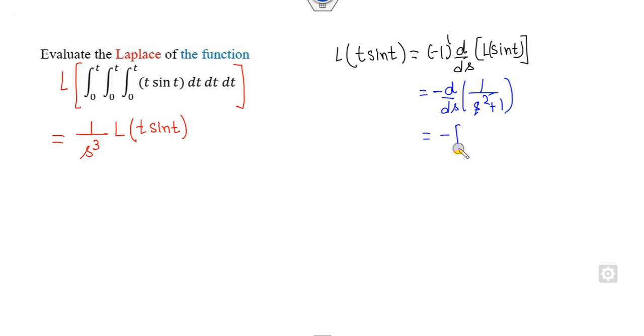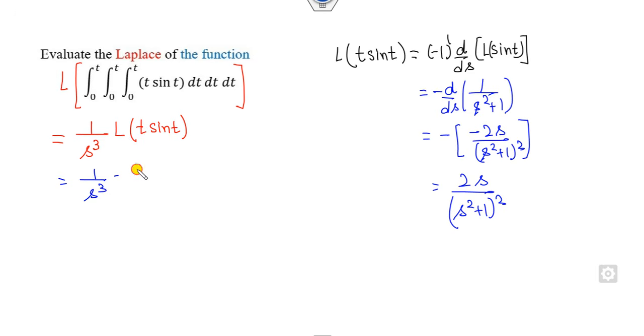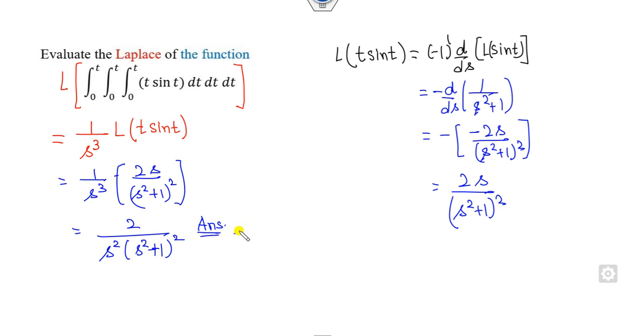What is the derivative of this? Minus 2s over s square plus 1 whole square, so that is 2s over s square plus 1 whole square. I can substitute here 1 over s cube into 2s over s square plus 1 whole square. Fine. So one s will be cancelled out. So 2 over s square plus 1 whole square is my right answer of the problem.